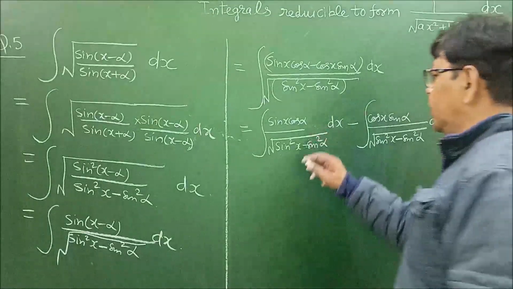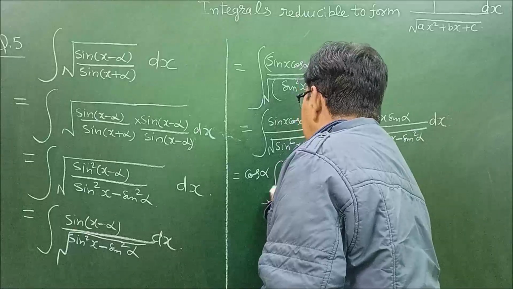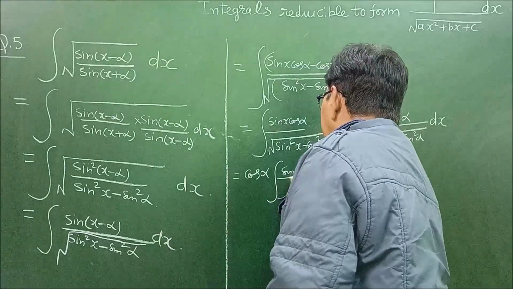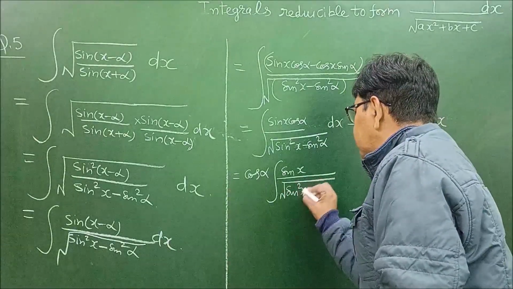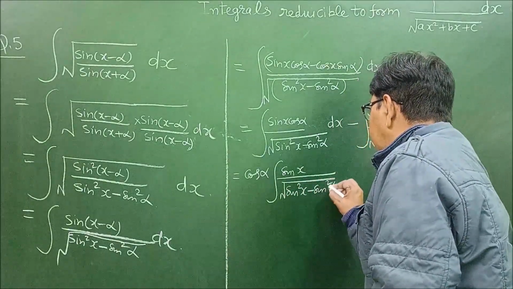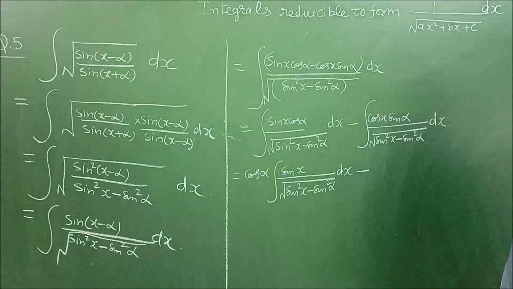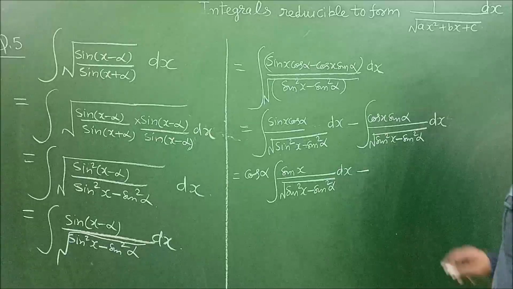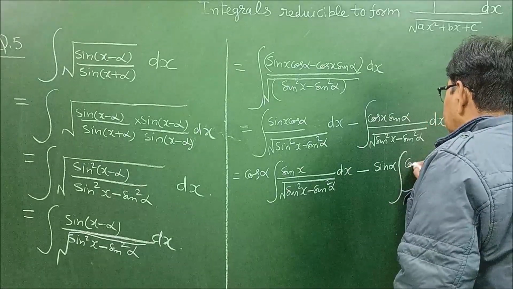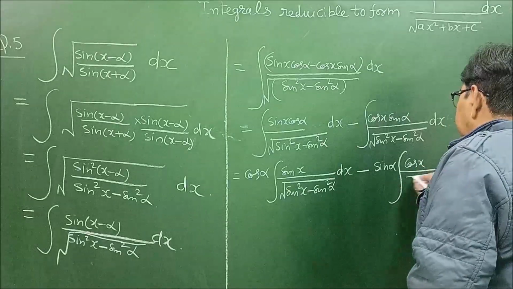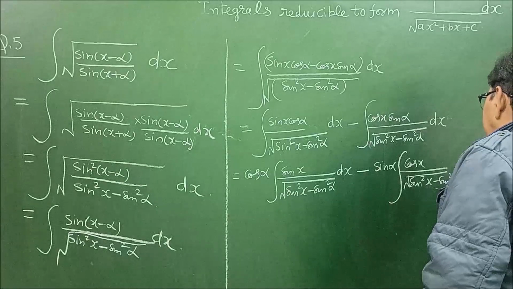Now cos α is a constant, so take it out of the integral: cos α integral of sin x upon under root of sin²x − sin²α dx minus sin α, which is a constant, times integral of cos x upon under root of sin²x − sin²α dx.